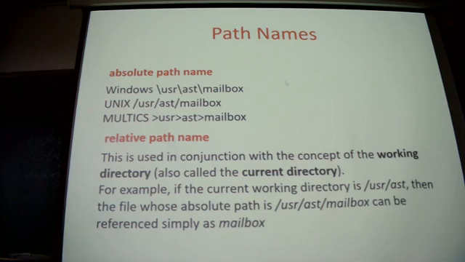So, if we want to get a file, we should know its name and its path. For example, there are two types: absolute path name. This is the Windows one. We can see that we use the separator slash, the slash from left upper to right lower.